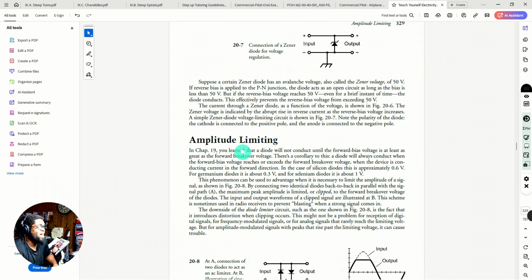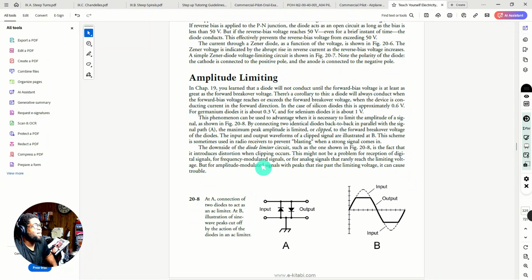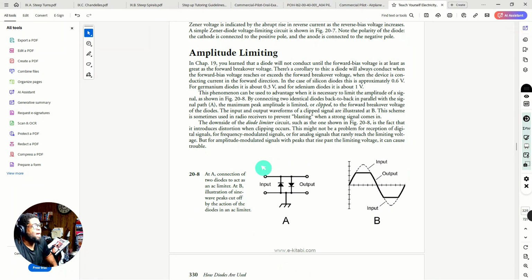The next thing that diodes are used for quite commonly is amplitude limiting, and I'll just talk about this briefly. It's something called clipping, or having a clipped signal. What you see here is two diodes that are opposing each other.